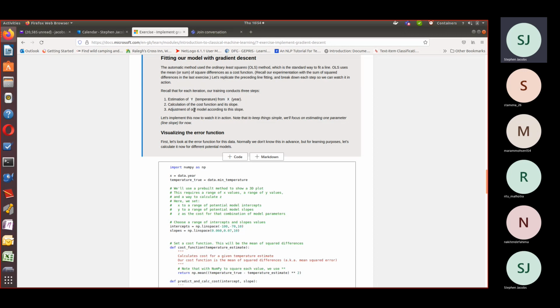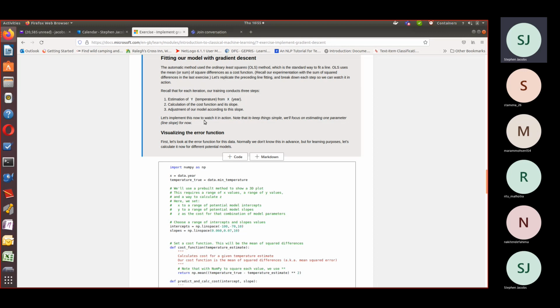So we can calculate our cost function between the estimation or prediction and the ground truth. And then we're going to adjust our model according to this overall slope. So we can change our model by changing the slope. Note, with this method we're not directly affecting the intercept. The intercept value has to come later.